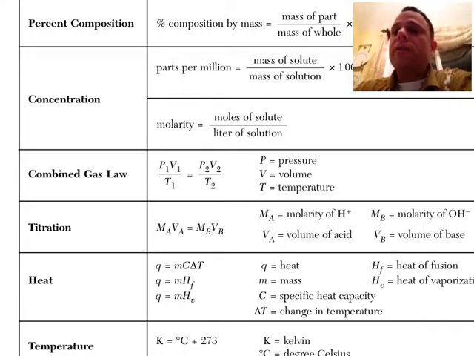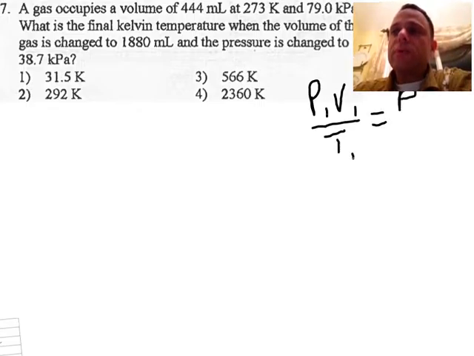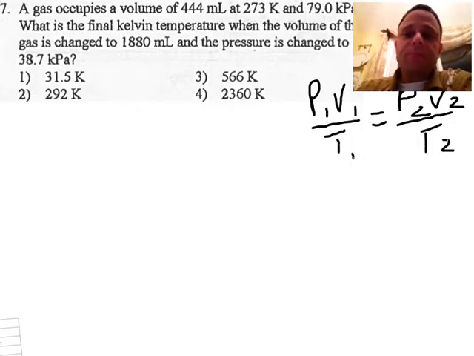Let's try to apply that. Get this out of the way, and remind ourselves of the formula. P1V1 over T1 is equal to P2V2 over T2. Now, can we find these variables? Once again, it says a gas occupies a volume of 444 milliliters at 273 Kelvin and 79.0 kilopascal.